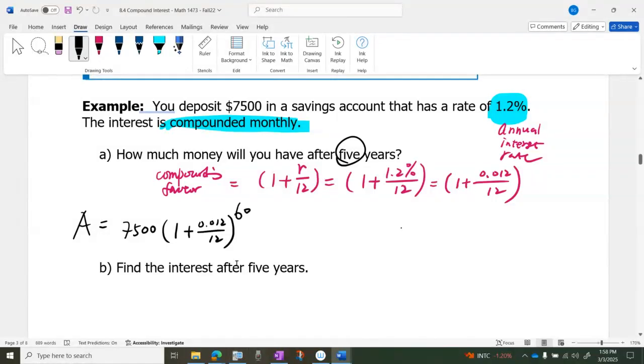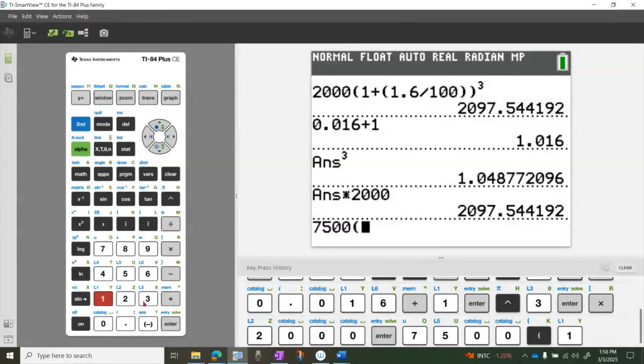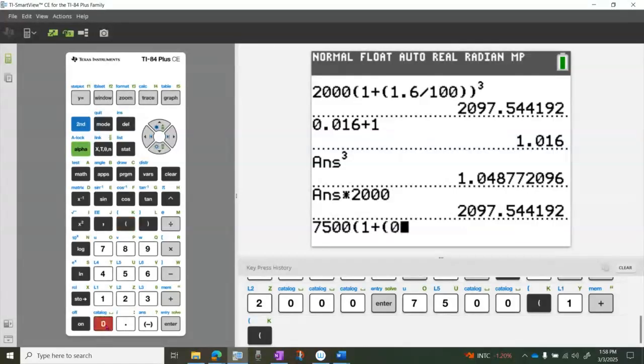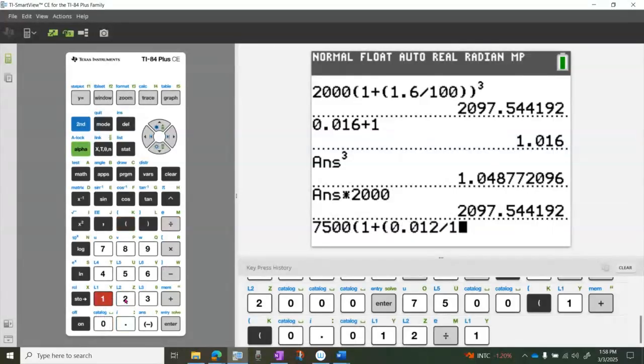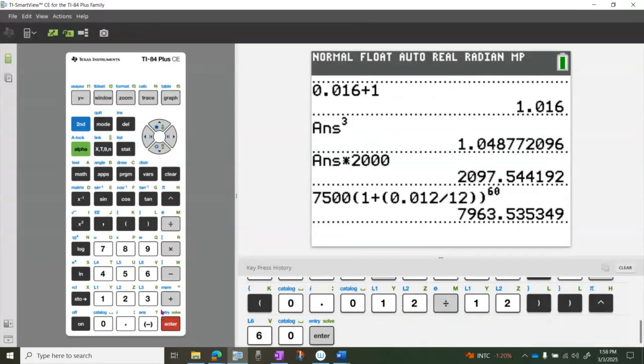And on a calculator, I need to remember 1.2%, 7,500. On a calculator, 7,500 multiplied by the compounding factor, 1 plus the rate, which here is 0.012 divided by 12. Close that, that's the monthly interest rate. Close 1 plus r, that's the compounding factor, and then raise to the power 60, right?